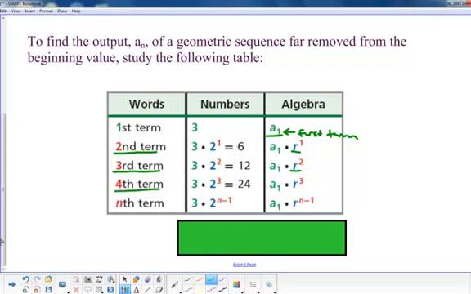For the fourth term, we'd multiply by the constant multiple again, so 3 times. So for the nth term, this is our formula for a geometric sequence. You take the first term times the constant multiple, or the rate, to the n minus 1 times, because the first term you're not multiplying by a number. And again, this is for a sequence.